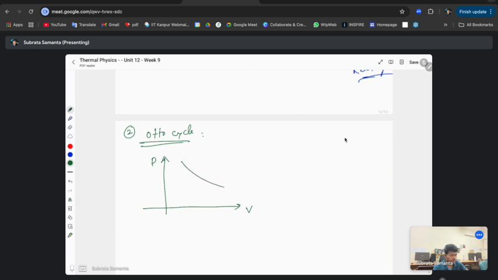This one is one of the adiabatics, and this is another one, and there are two isochoric processes. Adiabatic means dQ equals 0, and isochoric is constant volume, dV equals 0.